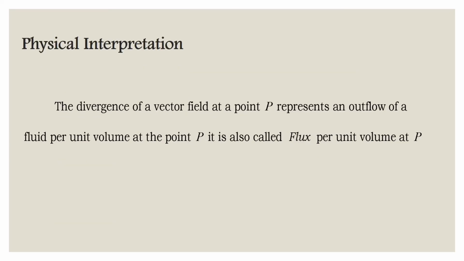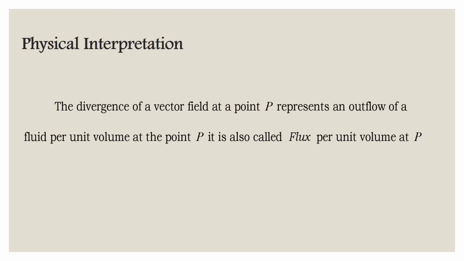So far, we have learned the definition of the divergence of a vector field, and we have seen a few examples. The divergence of a vector field has so much physical importance. So let us understand its physical importance. Let us choose a vector field f of x, y, z.